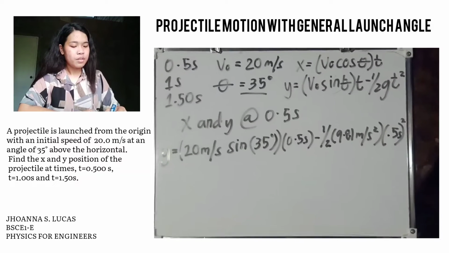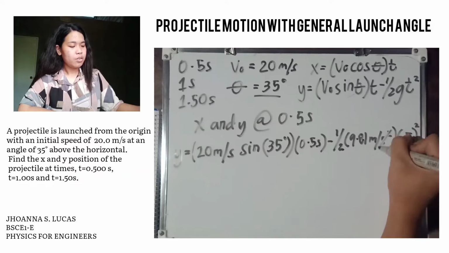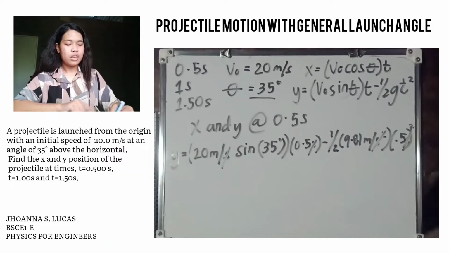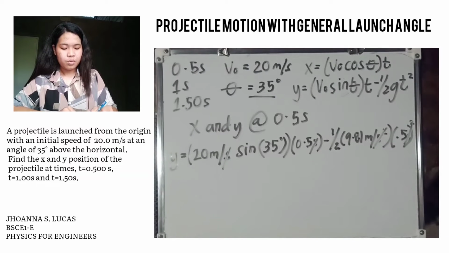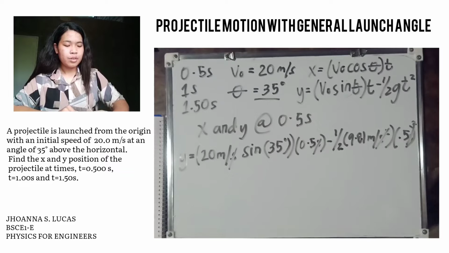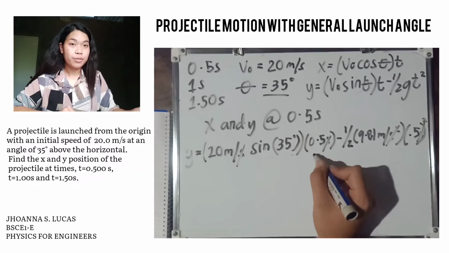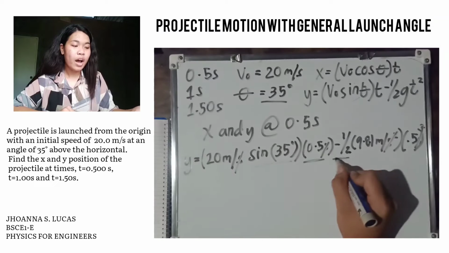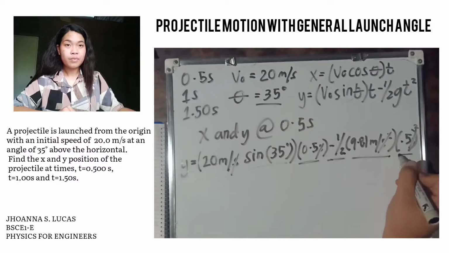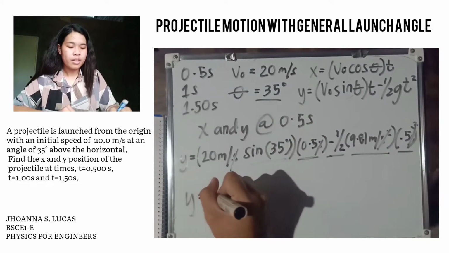Since we have seconds here, we will cancel all seconds. So, 20 meters times sine 35 degrees times 0.5 minus 1/2 times 9.81 meters times 0.5 squared is equal to 4.51 meters.